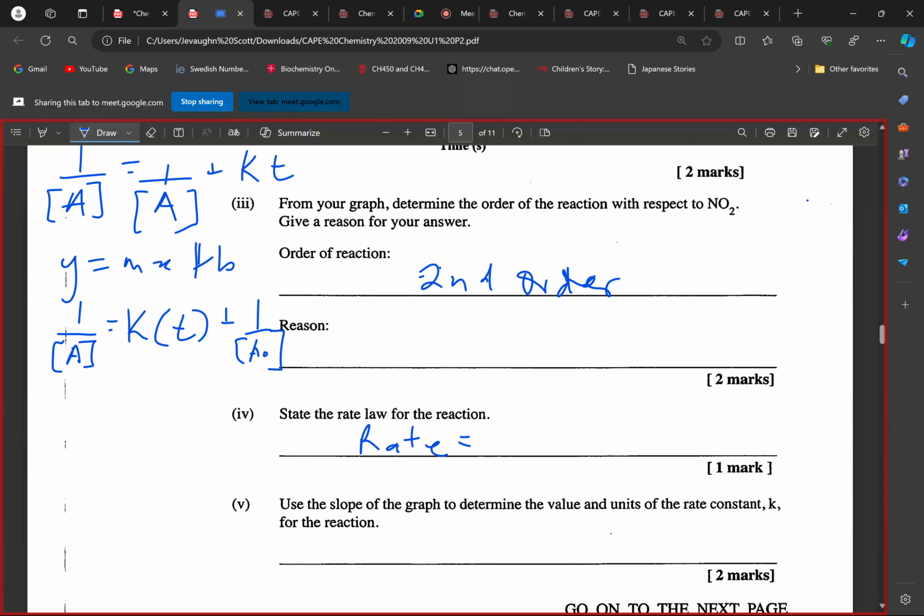The rate equation. Rate law, rate equation, same thing. Go ahead. What would it be?